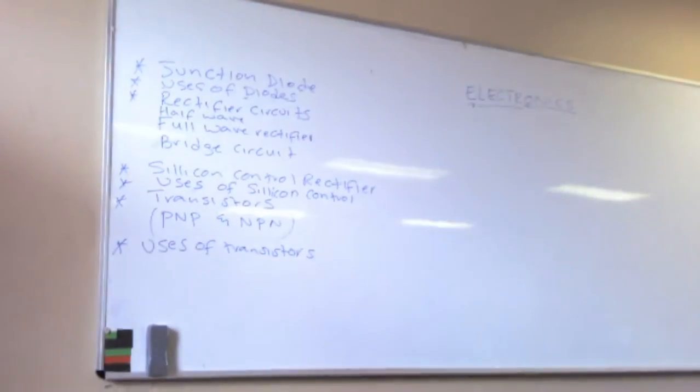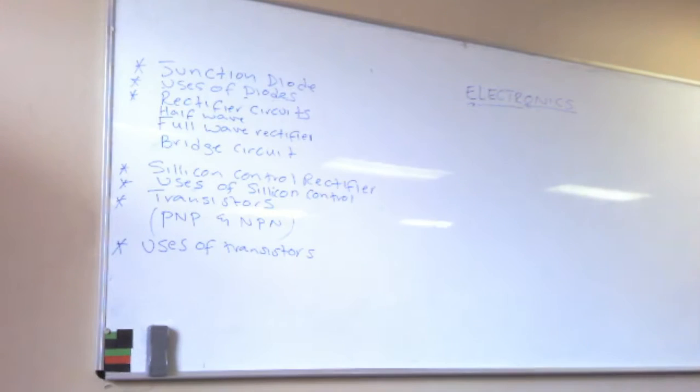On electronics, the things we're going to discuss are, most importantly, diodes and transistors. You need to know what diodes are and the symbols for these electronic devices.